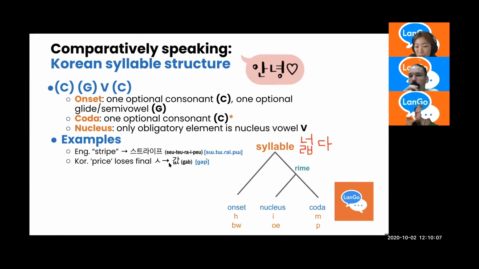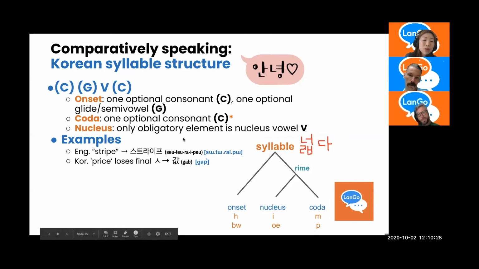So when it appears as a syllable by itself, like here, kap, or when it has a following syllable with a consonant, so if you attach the particle meaning also to, it still loses the final s sound. So it'd be kapdo. Very useful to know for Korean pronunciation.